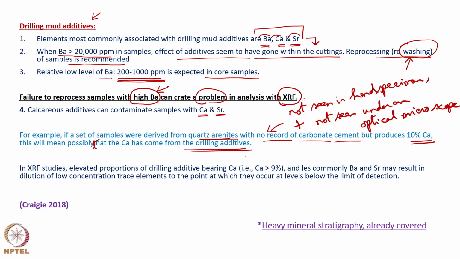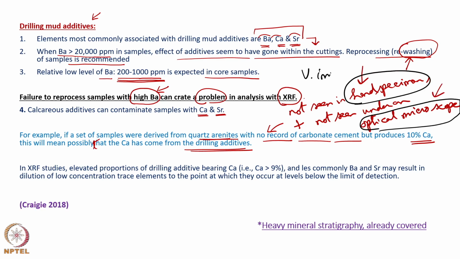This means that hand specimen observation and microscope observation are an indispensable part of chemostratigraphic studies. I mean, they are the supporting work and they are very important.